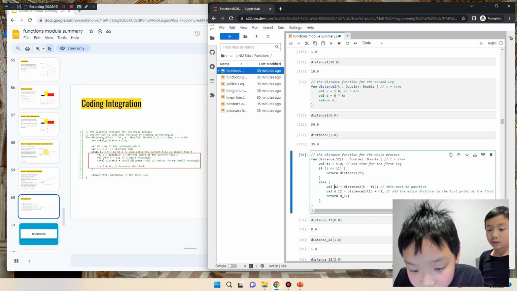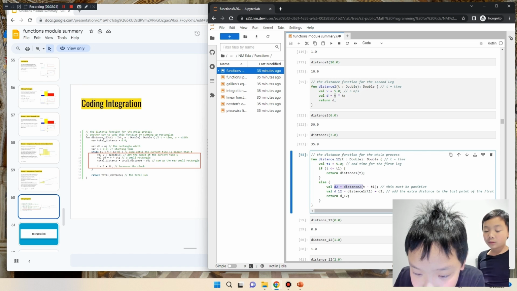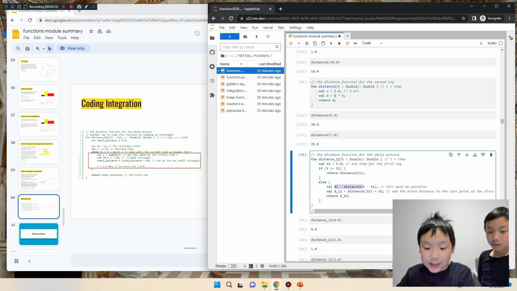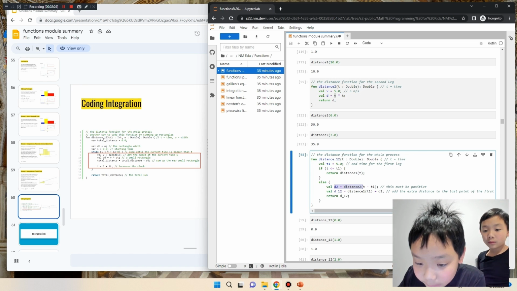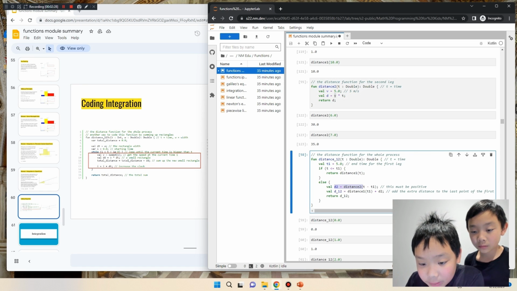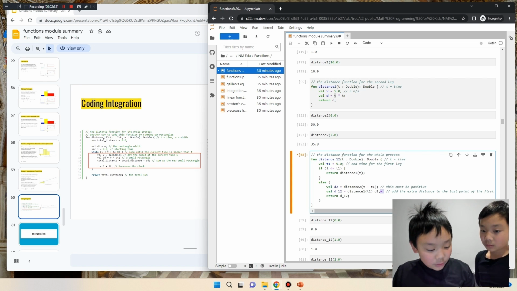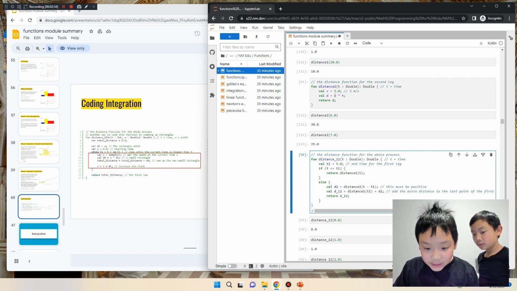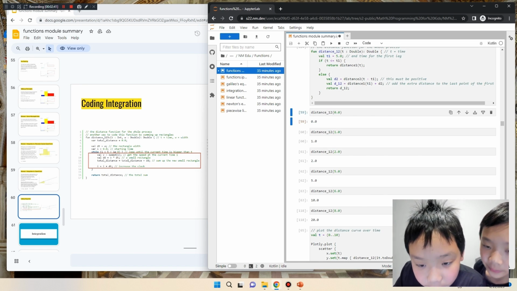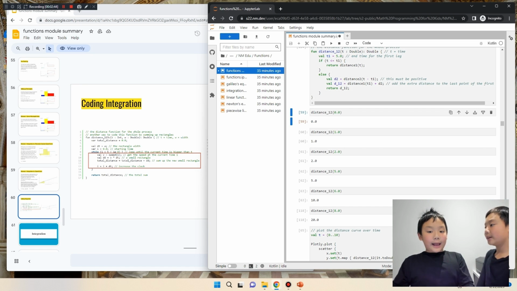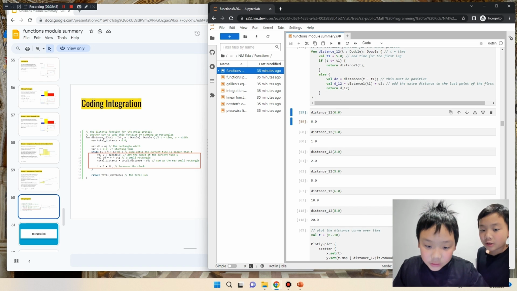This d2 line basically means that d2 is the distance2 function, which is t minus t1. So here we're just adding the distance1 function plus the distance2 function, which will give us d12. So this function basically just adds the distance1 function to the distance2 function.